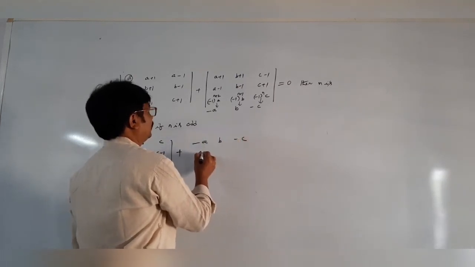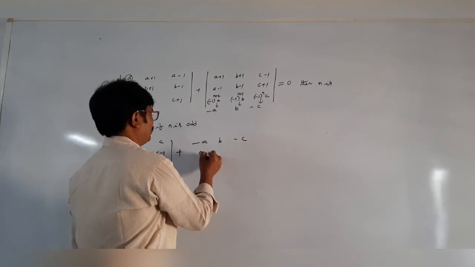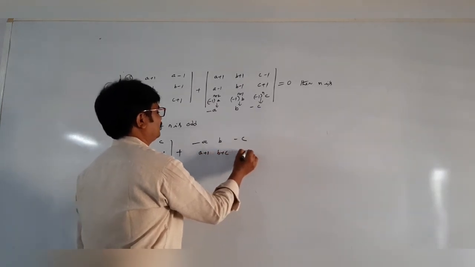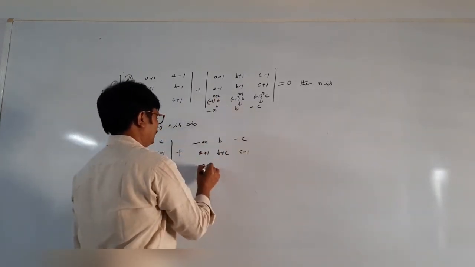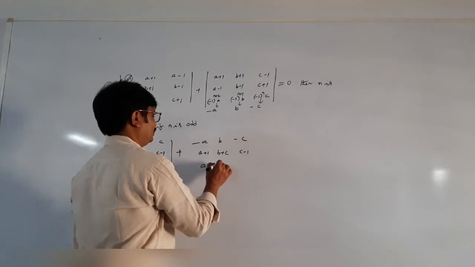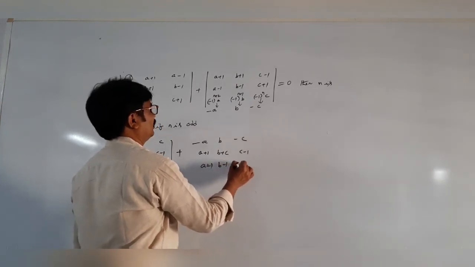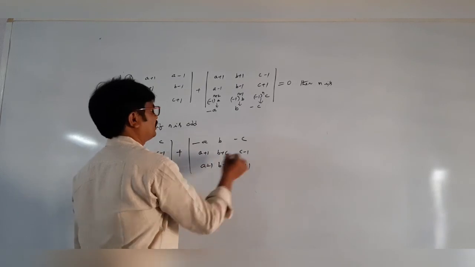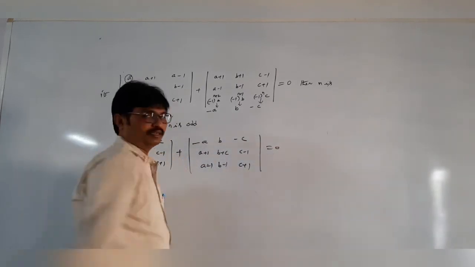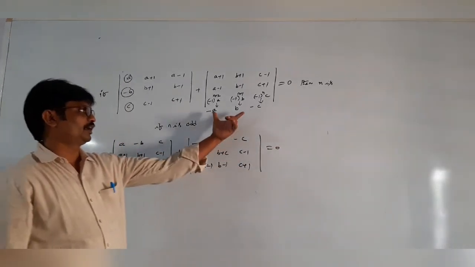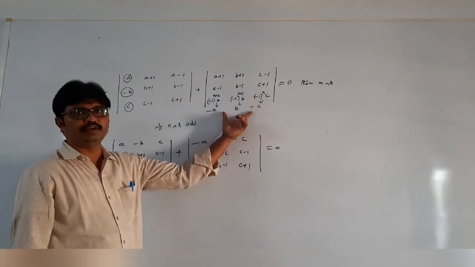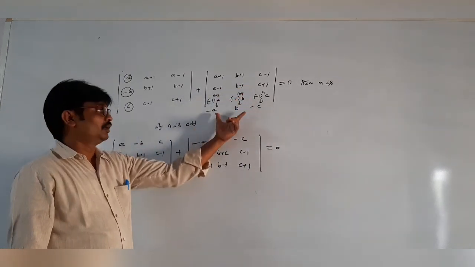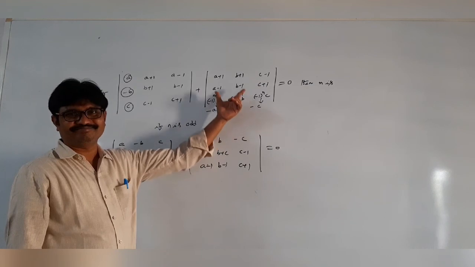After that, a plus 1, b plus 1, c minus 1, then a minus 1, b minus 1, c plus 1. Is it clear? Further, do you understand? First you can interchange R2 and R3.